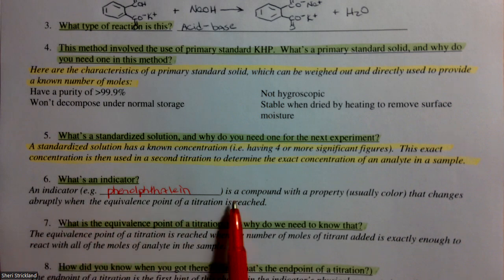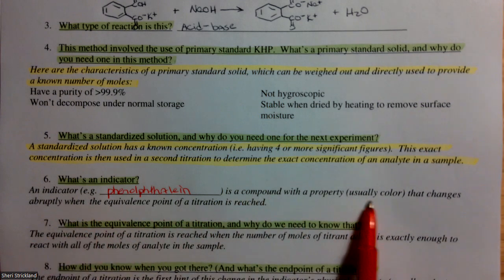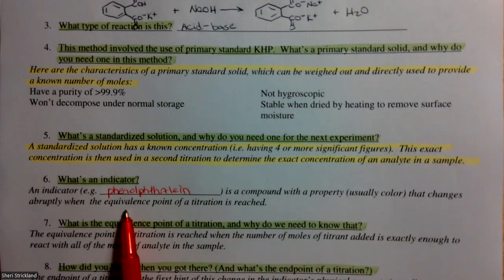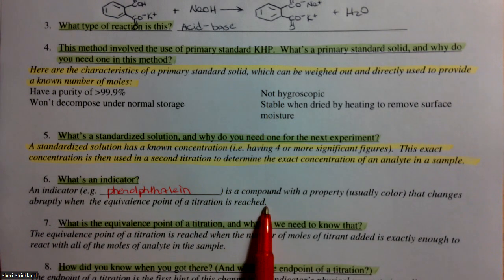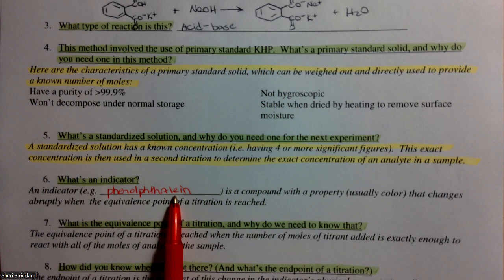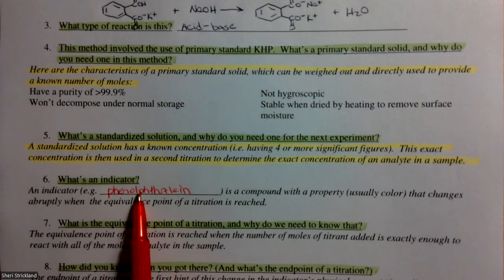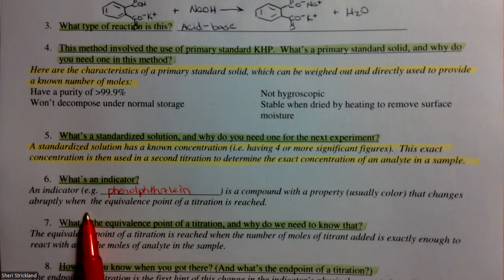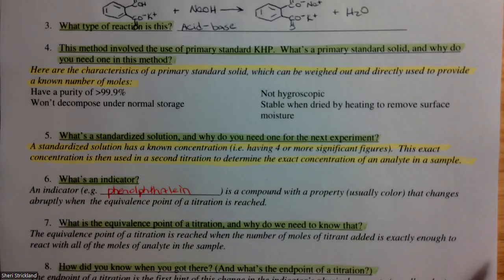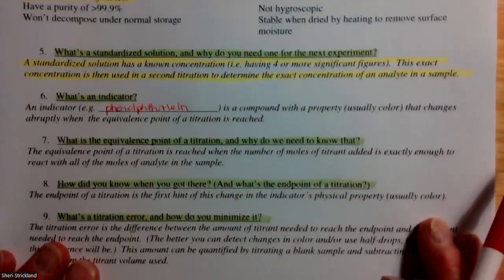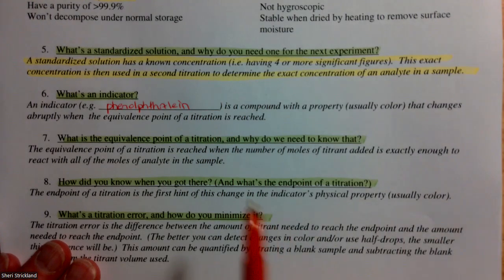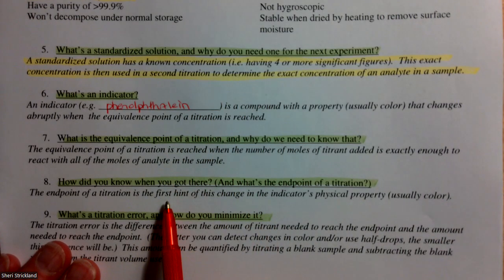But any indicator is a compound with a property, usually color, that changes abruptly when the equivalence point of a titration is reached. So with acid-base reactions, generally speaking, it's one color in acidic solution and one color in a basic solution. So the indicator will help you with the equivalence point and the end point.